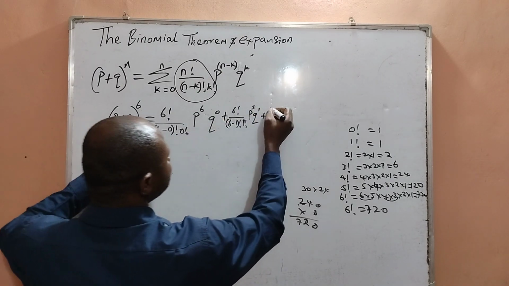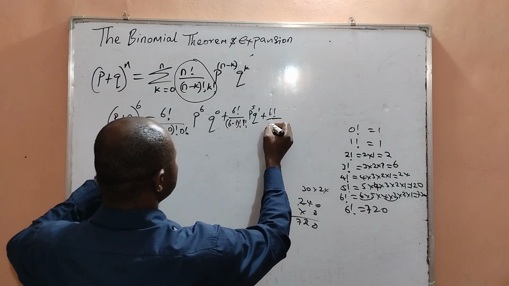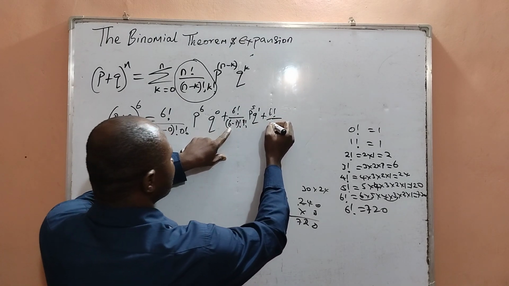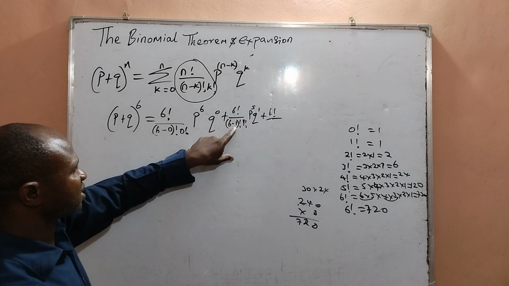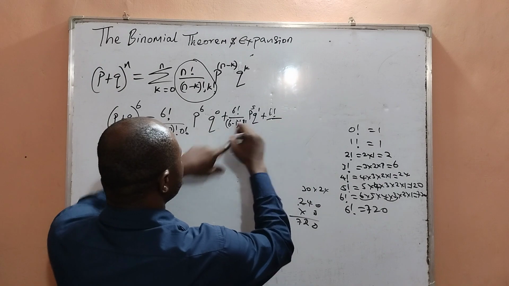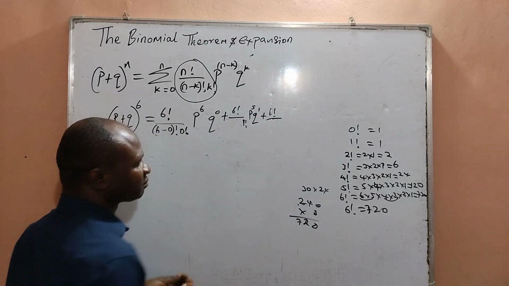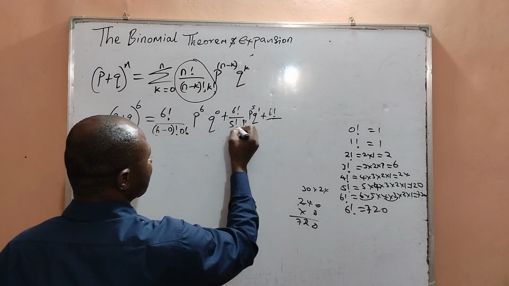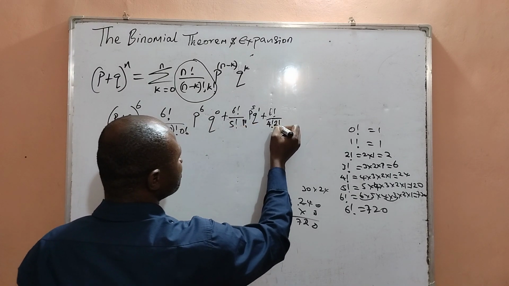Next, I have 6 factorial all over 6 minus 2. In this case it is 6 minus 0, in this case it is 6 minus 1. So in fact I want to write this place as 5 factorial, 1 factorial, and this place will now be 4 factorial, 2 factorial.